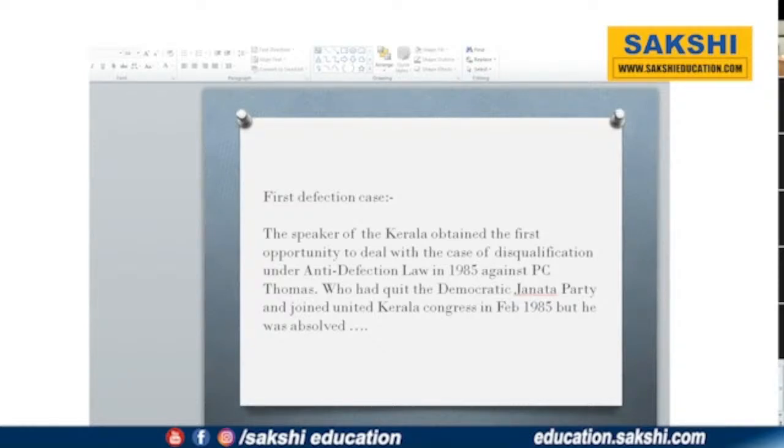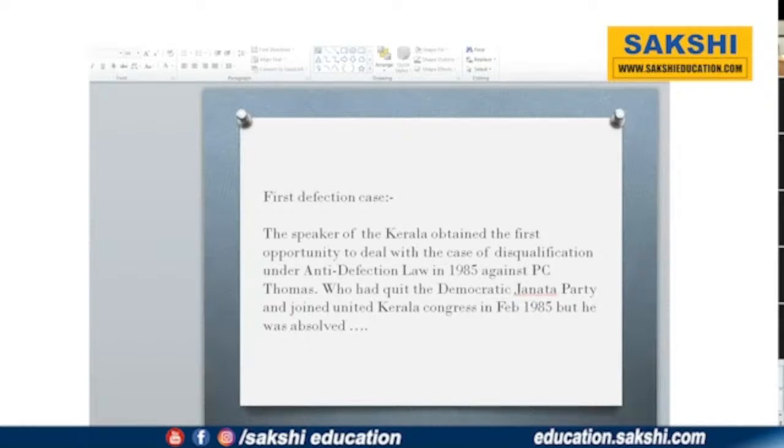Considering the situation, the Democratic Janata Party of Kerala gave a letter to the speaker stating that PC Thomas has to be disqualified under the anti-defection law. But as I was just explaining earlier, this act came into force on March 1st, 1985.